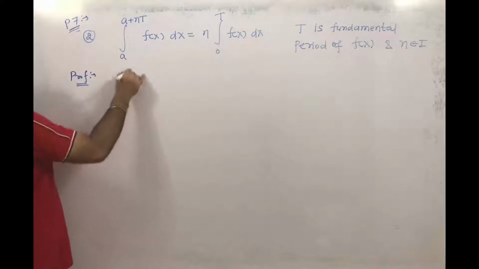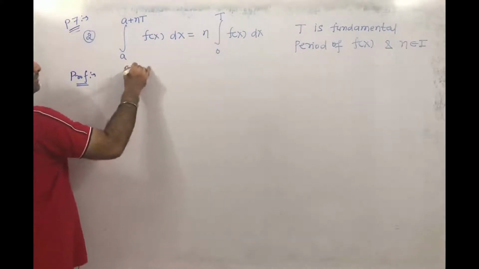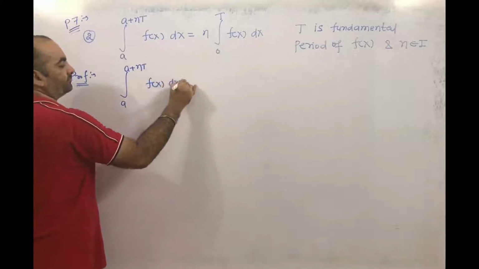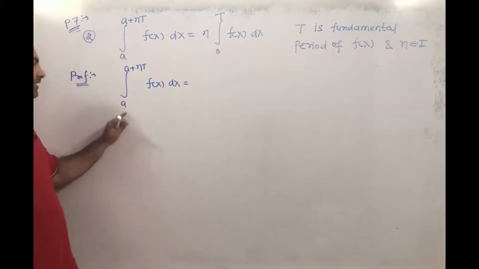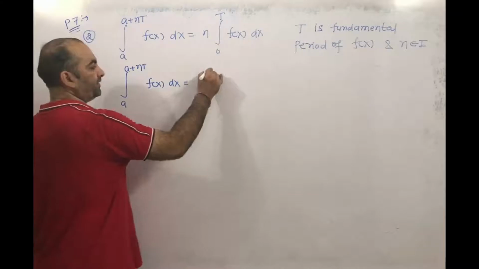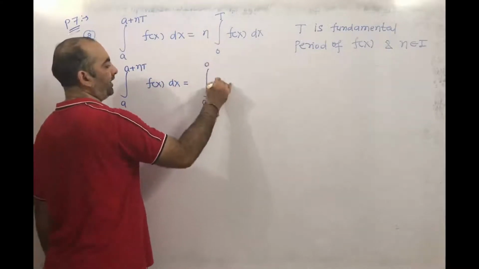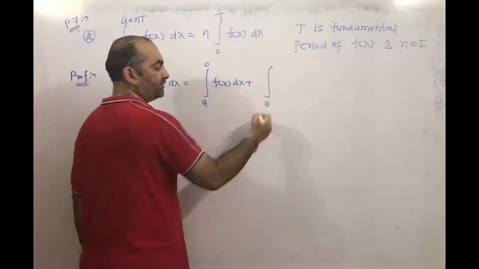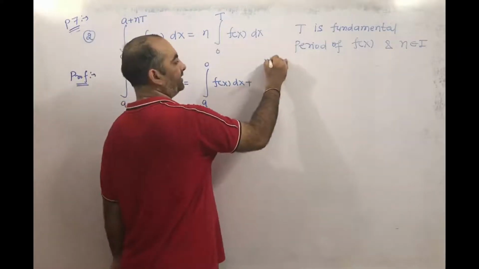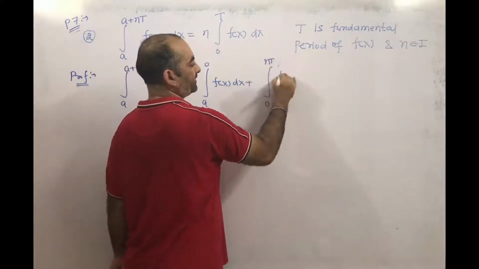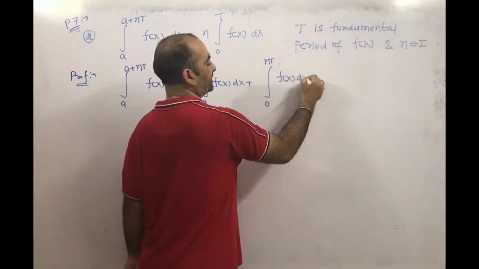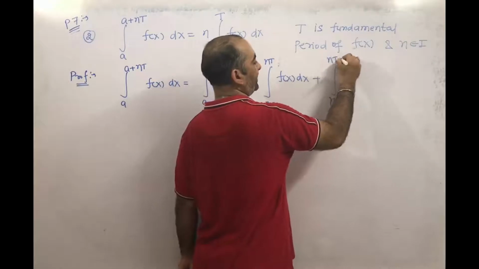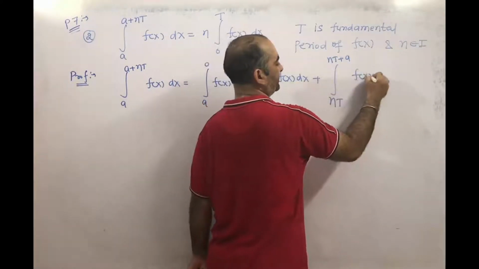Integration from a to a plus nT of f(x) dx. What can we write for this? We can write integration from a to 0 of f(x) dx plus integration from 0 to nT of f(x) dx plus integration from nT to nT plus a of f(x) dx.